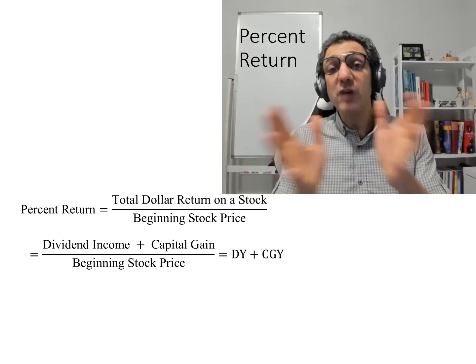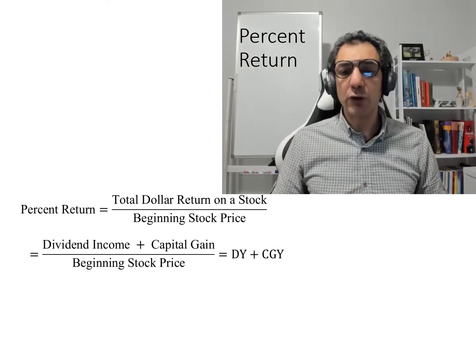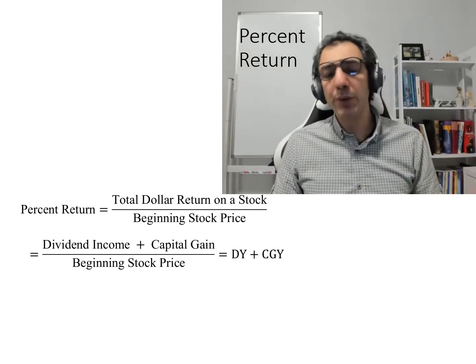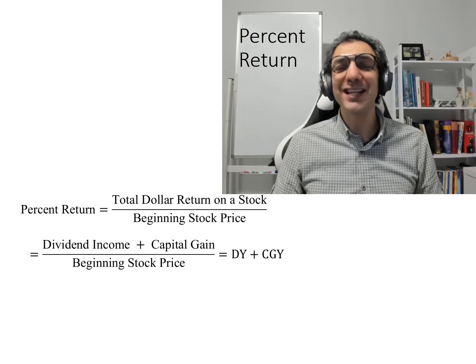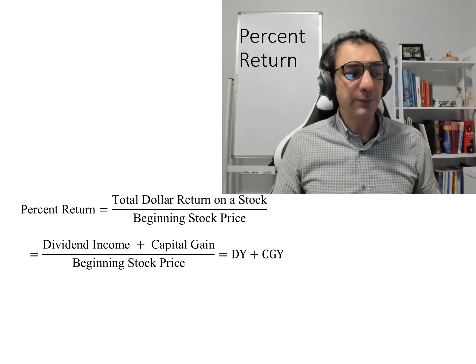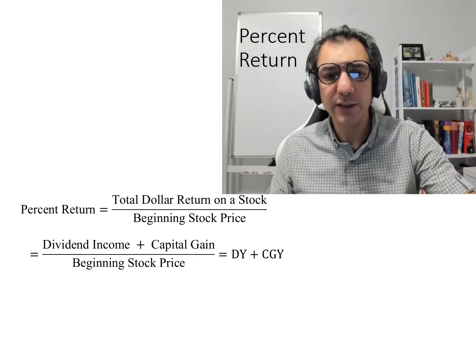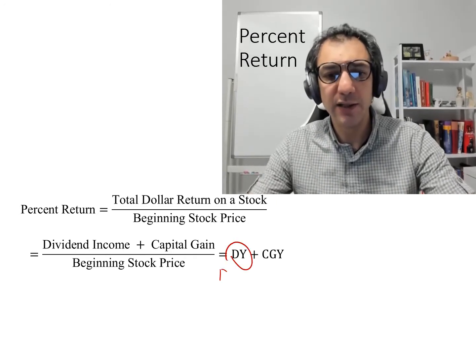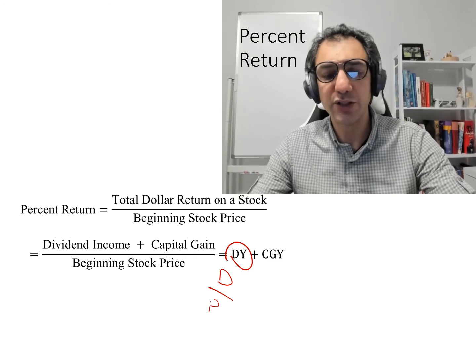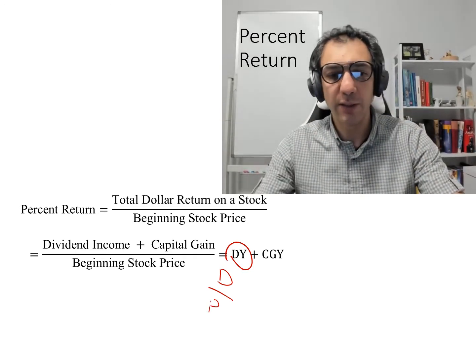Actually, we can break down this formula into two components. The first component, which is based on the dividend, is called dividend yield. What is dividend yield? The dividend yield is the dividend you receive divided by the stock price, that's how much you paid for the stock.